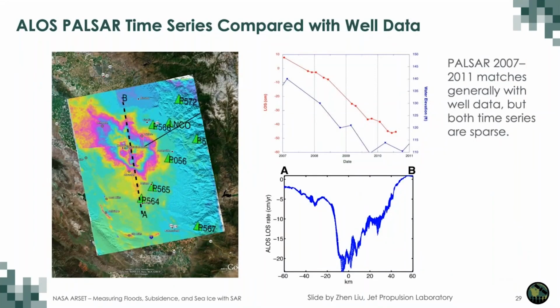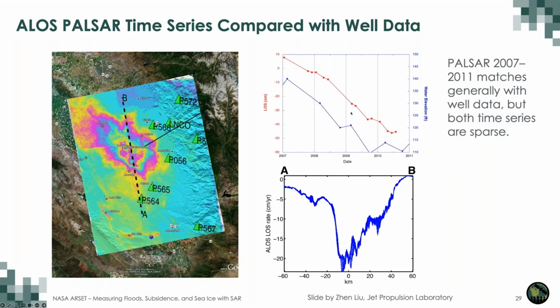As I mentioned, one of the earlier satellites is this ALOS satellite from JAXA. This is a profile showing, on the left here, the wrapped interferogram. Because this is L-band, these color contours are 12 centimeters. So there's a total of about 24 centimeters of subsidence.